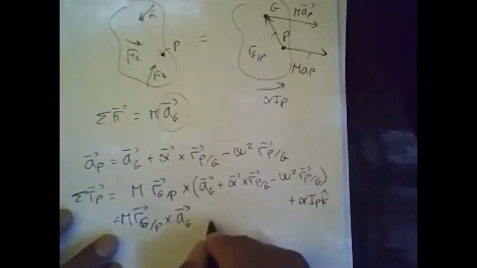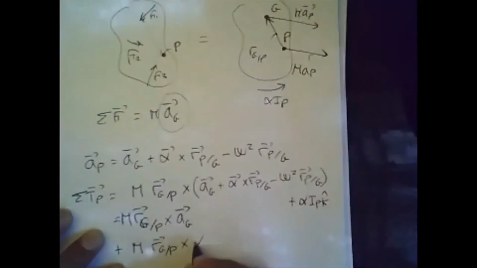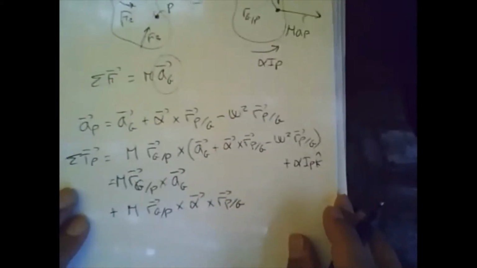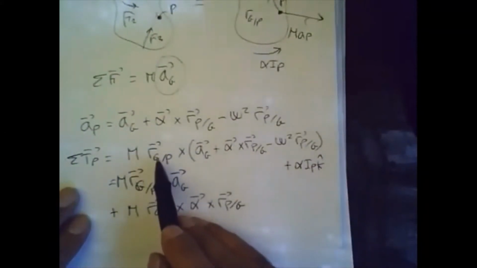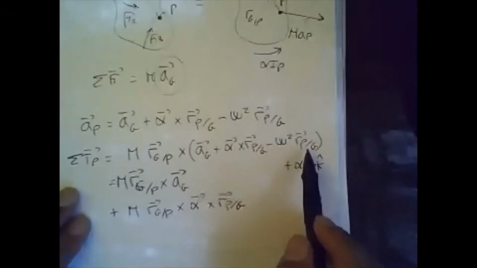What is the second term? It's going to be plus M r_G with respect to P cross alpha cross r_P with respect to G. Plus, what is that term? r_G with respect to P cross minus omega squared r_G with respect to P. Can someone tell me?